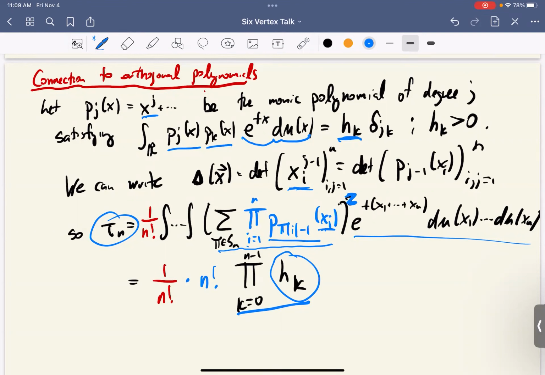And so it just cancels an n factorial in the formula for tau. And so the relevant point of analysis is to find the product of all the normalizing constants in your system of orthogonal polynomials up to n-1.